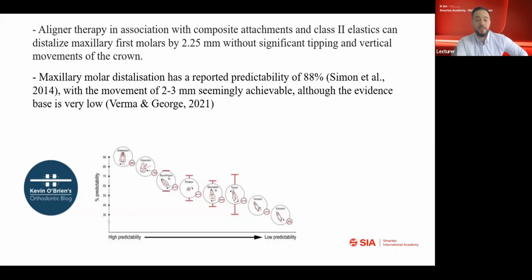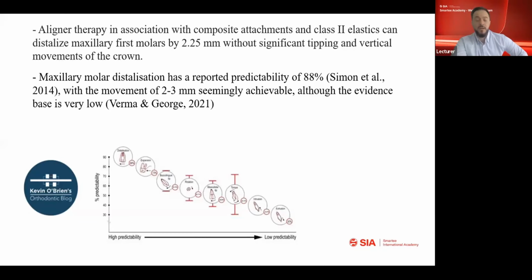It shows that one of the most predictable movements that can be achieved by aligners and attachments only is distalization. It is accurate up to 88%, but nonetheless, we have to assess the success rate of this distalization. And it's not only about how many millimeters of distalization we can achieve, but rather how to maintain this and avoid any unwanted movement and side effects.